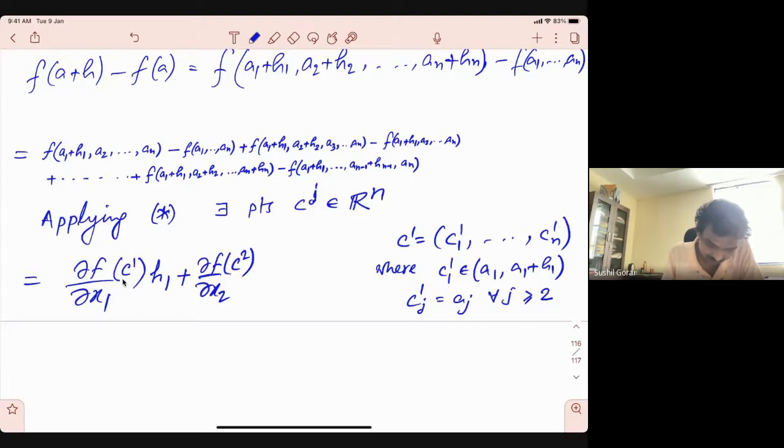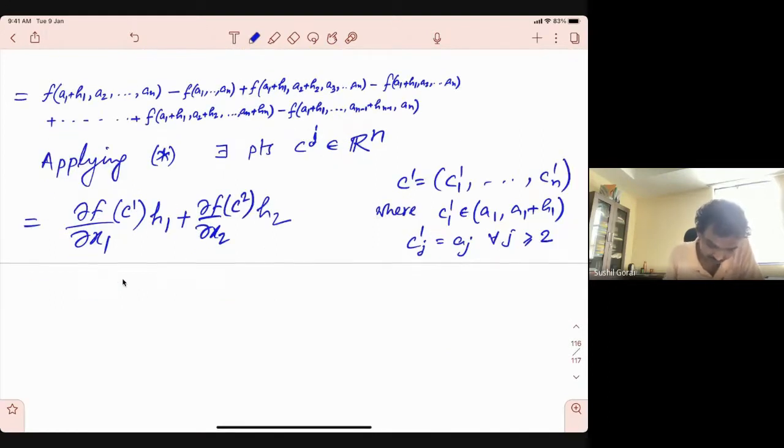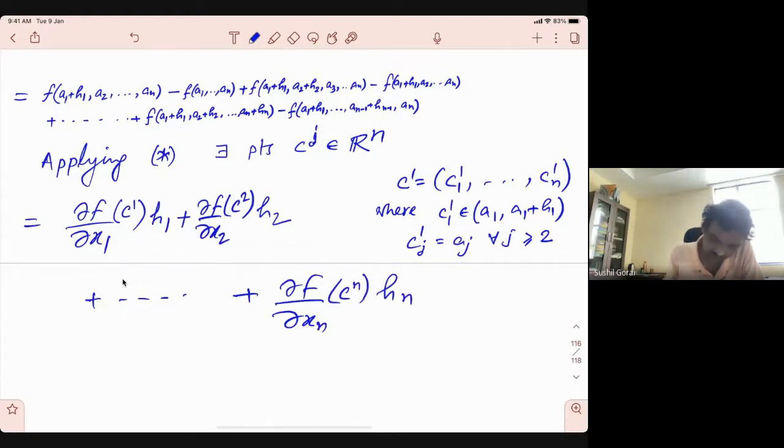This one remains fixed, and we apply the mean value theorem to the second, times H2, plus del f by del xn at Cn times Hn.